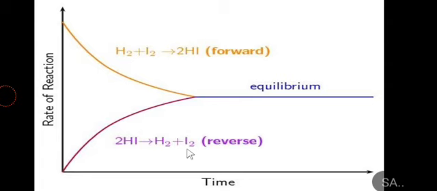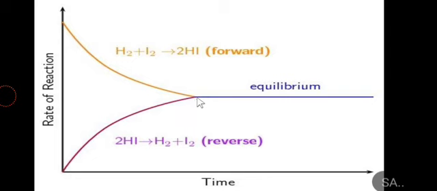And since it is splitting slowly, the reactants will react slowly. So here the rate of reaction is going down, while here the splitting of hydrogen iodide into hydrogen and iodine is going up. It is speeding up.